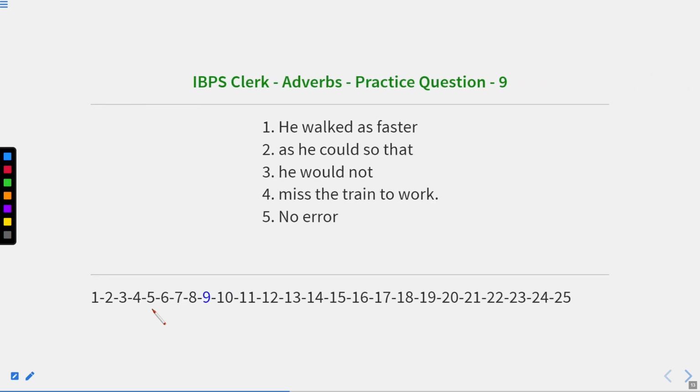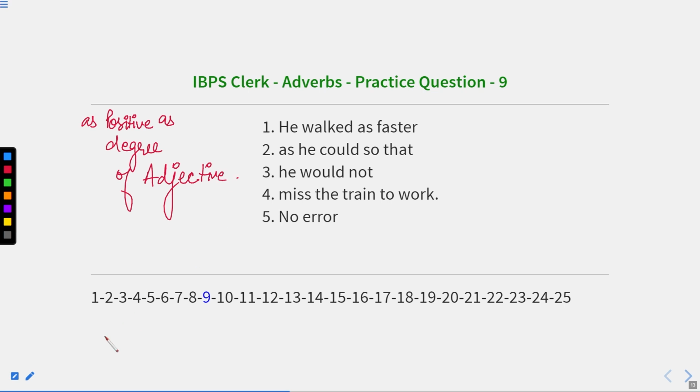He walked as faster as he could so that he would not miss the train to work. Now, whenever we use as and as pattern, we always use positive degree of adjective. We can only use positive degree of adjective, but we cannot use comparative degree with the word as. For comparative degree, we basically use than.